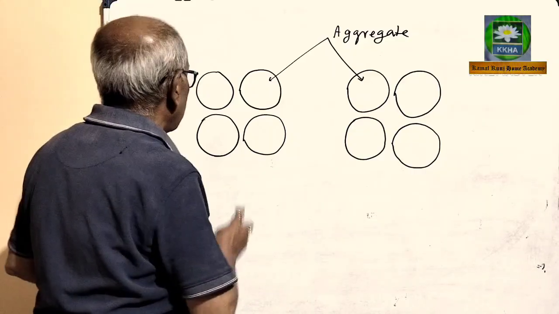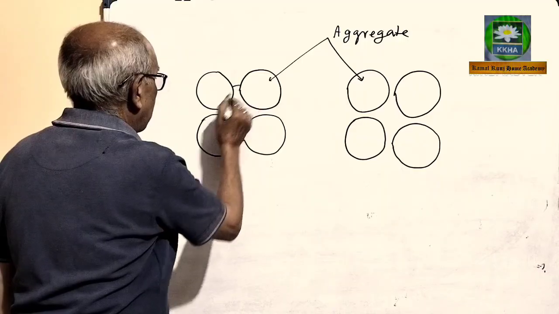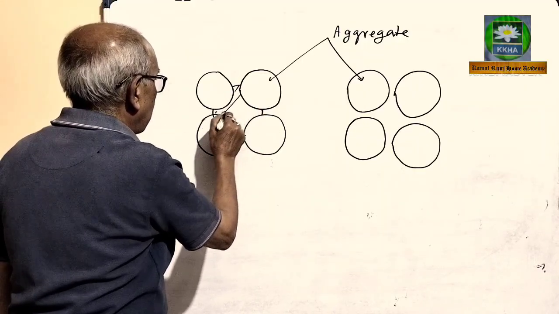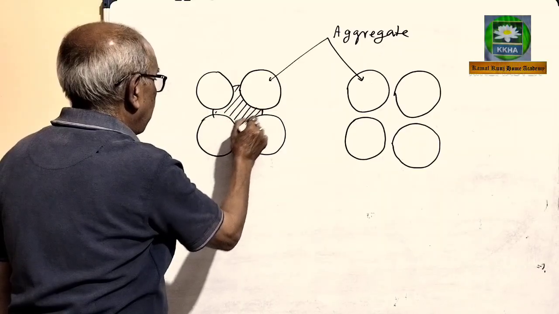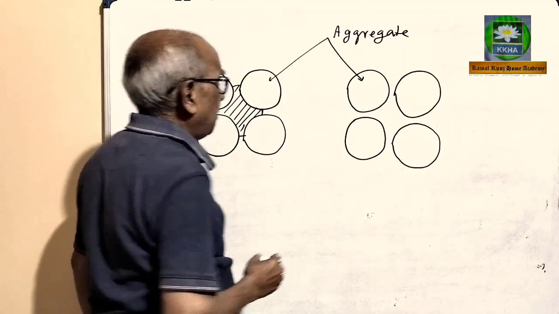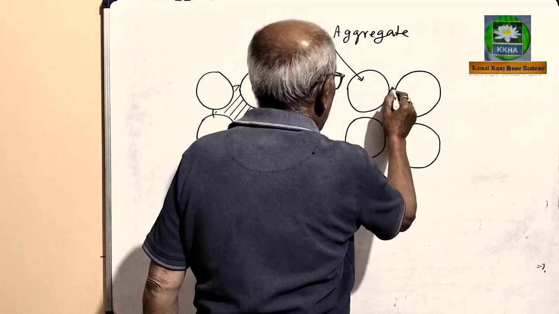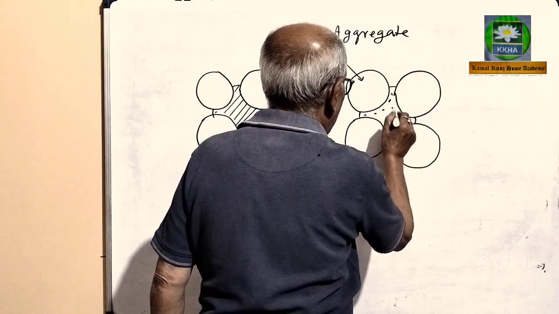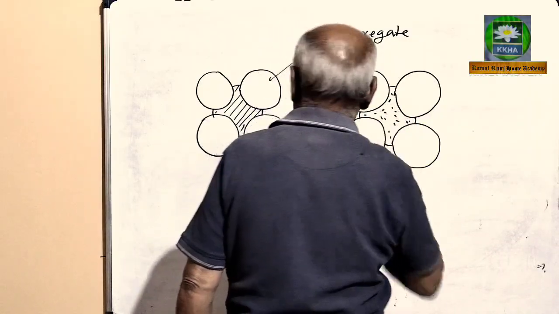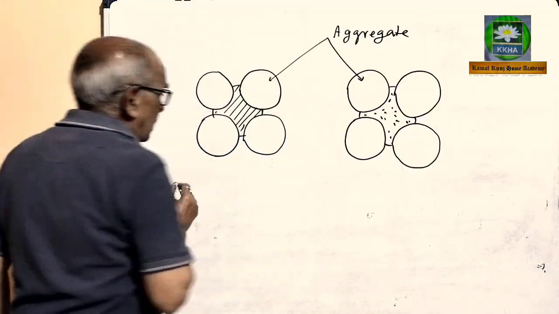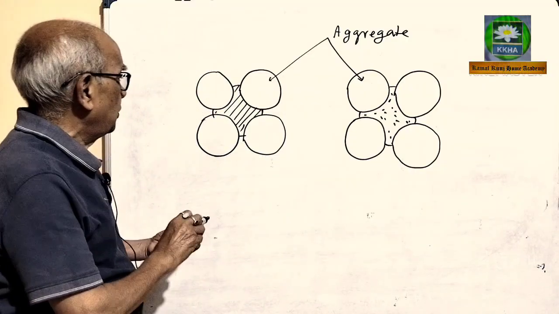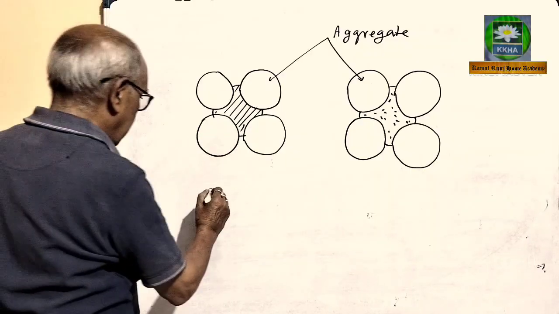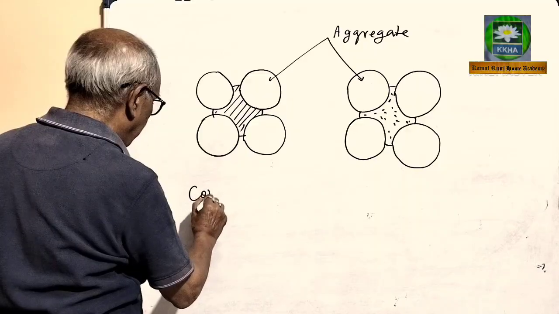These are void spaces. In conventional castables, these voids are filled with water.